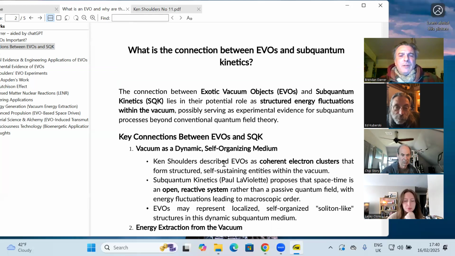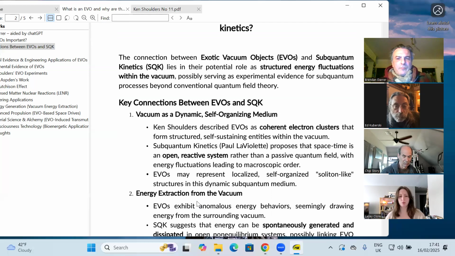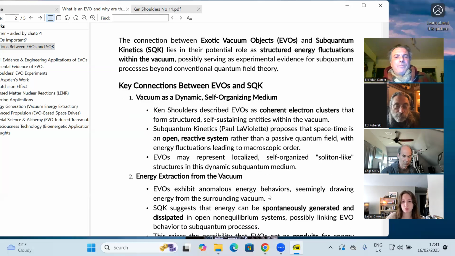Ken Shoulders described EVOs as coherent electron clusters that form structured, self-sustaining entities within the vacuum. Subquantum kinetics, Paul LaViolette, proposes that space-time is an open reactive system rather than a passive quantum field, with energy fluctuations leading to macroscopic order. EVOs may represent localized, self-organized soliton-like structures in this dynamic subquantum medium.